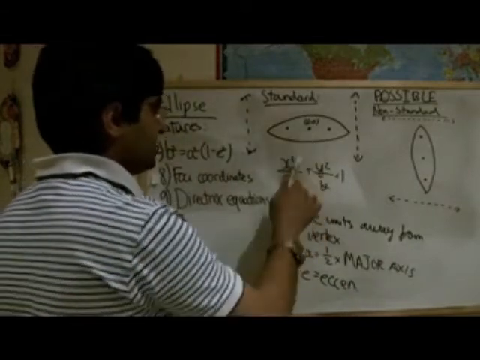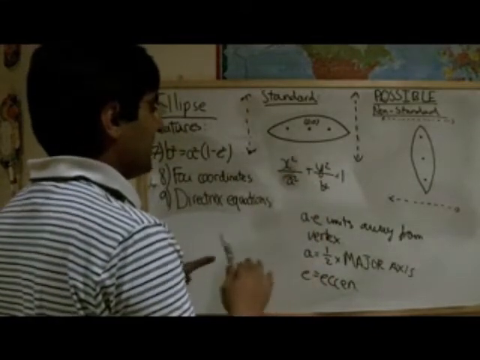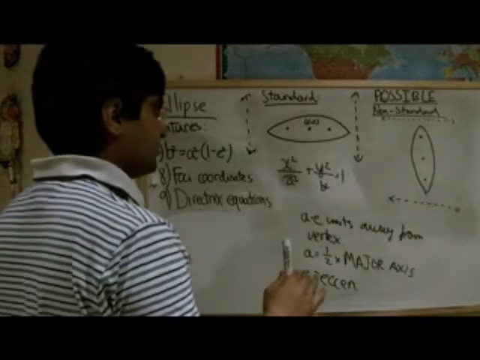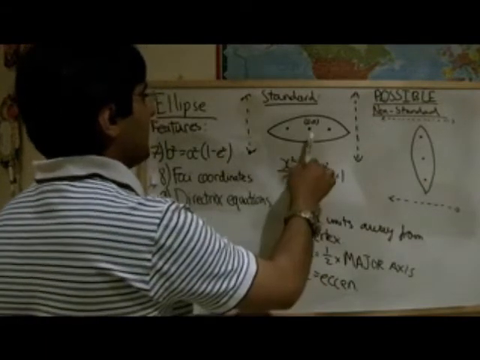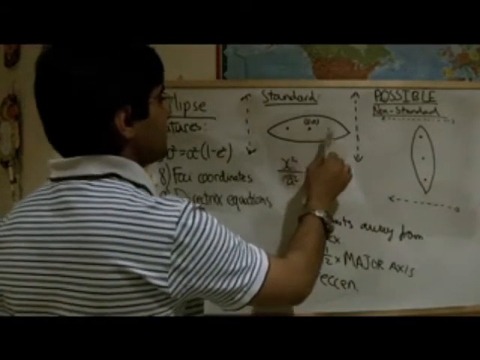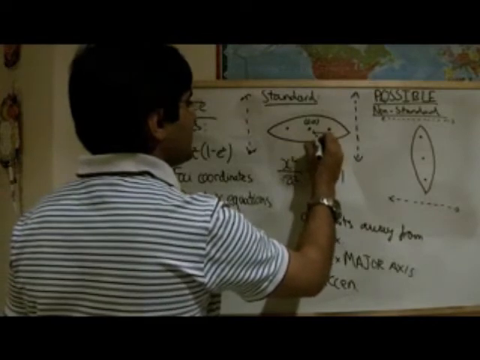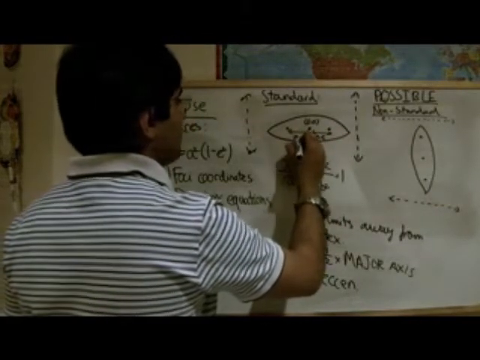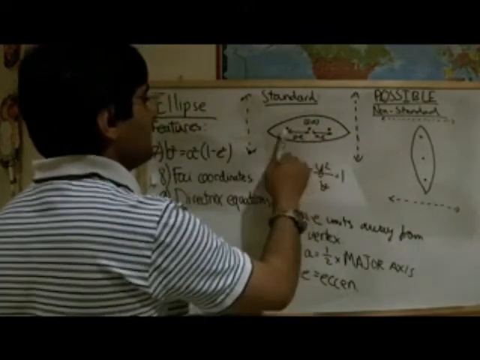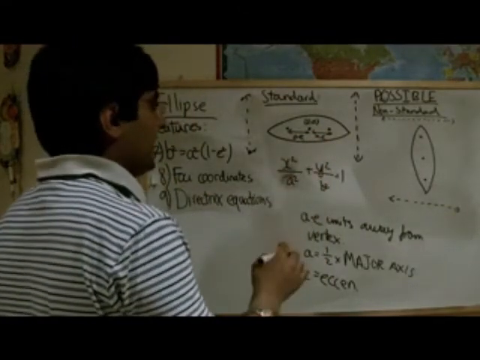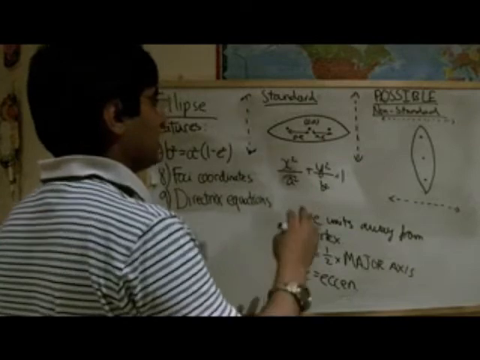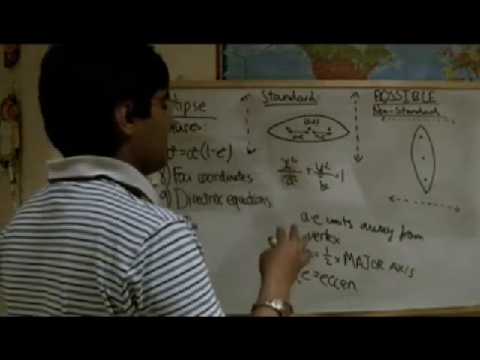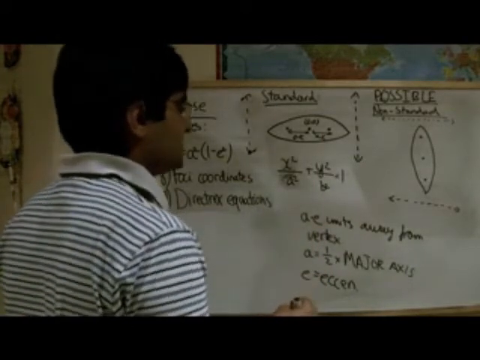So if we know what the center is, and if we know that the major axis is horizontal, then we know there will be a focus ae units this way, on this side of the center, and there will be another focus ae units on the other side of the center. There will be two foci that are equidistant from the center.